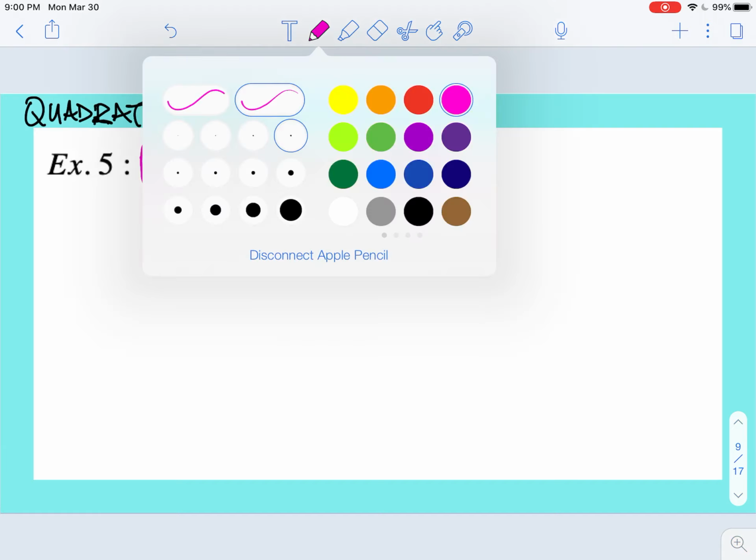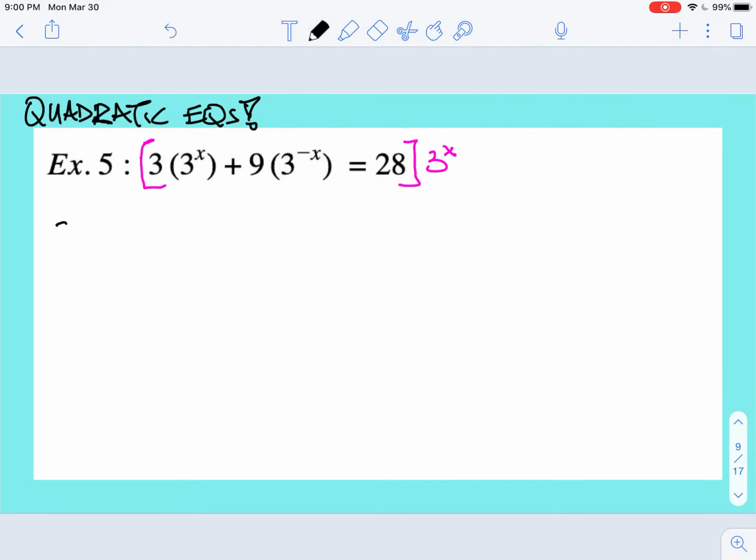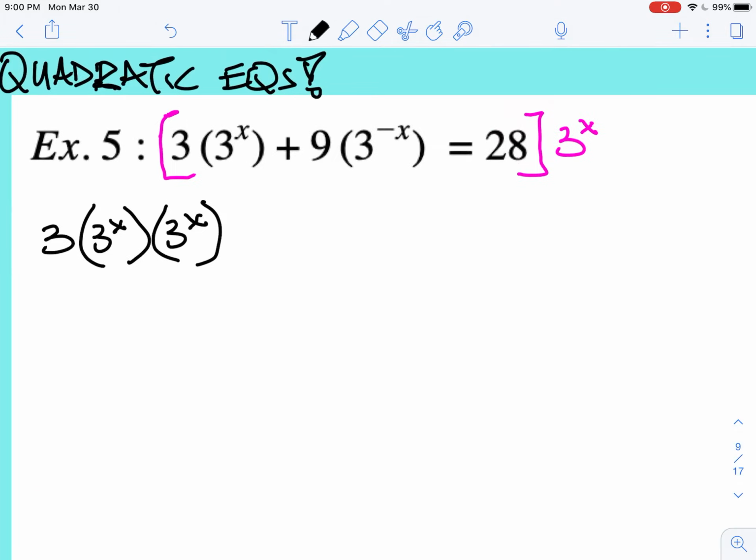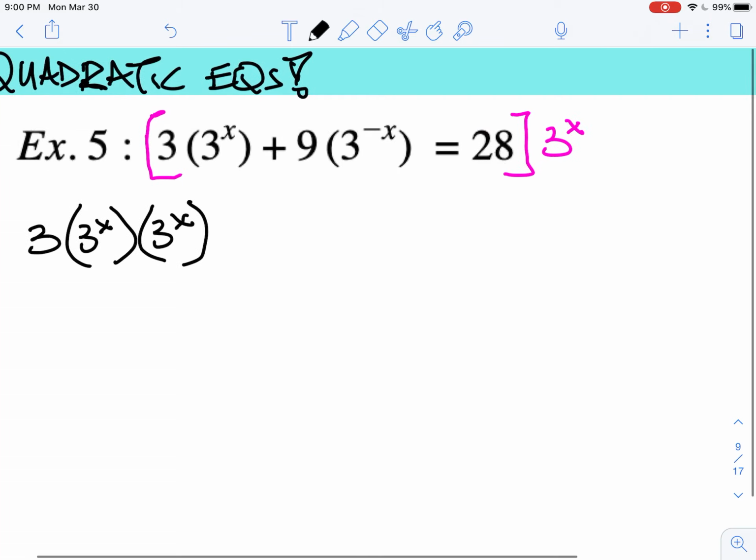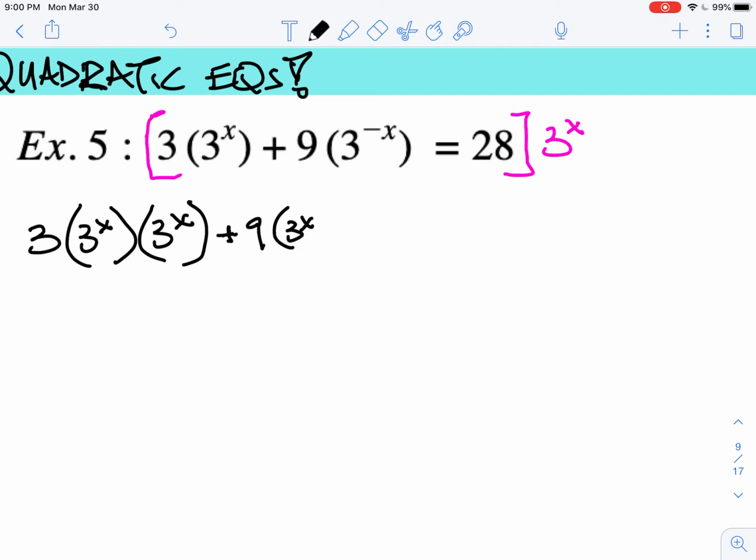And so when I do that, I'm going to get 3 times 3 to the x times 3 to the x, plus 9 times 3 to the x times 3 to the negative x, equals 28 times 3 to the x.